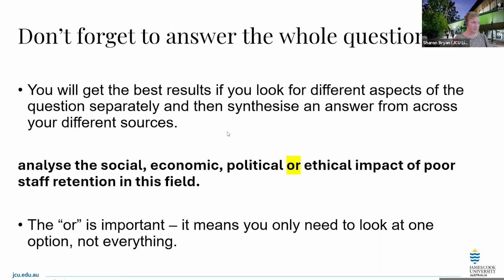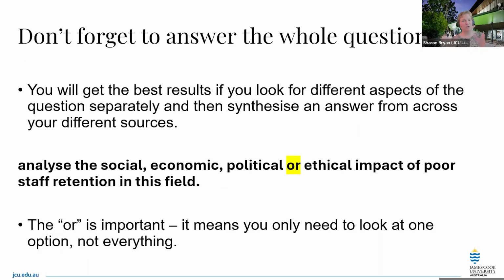Okay, don't forget to answer the whole question. You may have to break it up into pieces. I may decide that putting all of these search terms together is getting me too weird a set of results. So instead, I'm going to look for just staff turnover in nursing and see what's going on with the staff turnover situation in nursing.